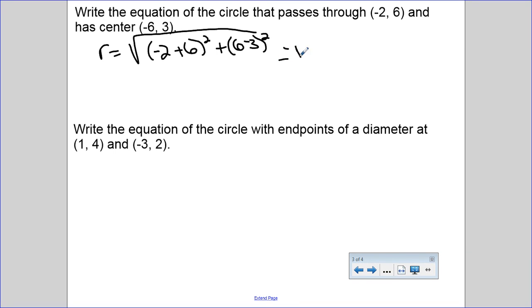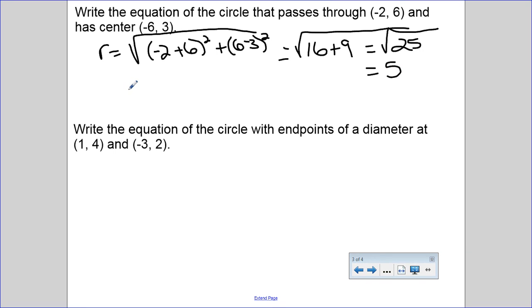Simplify. -2 plus 6, 4, 4 squared, 16. 6 minus 3, 3, 3 squared, 9. Okay. Look at that. Oh, so close. 16 plus 9, 25. So my radius is 5. I can plug this into my formula now.